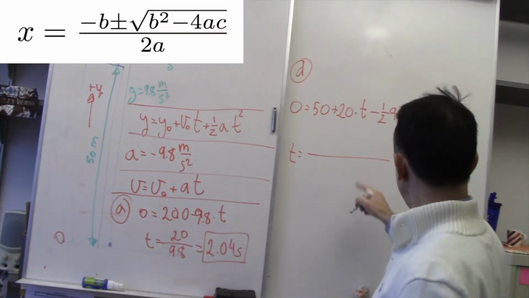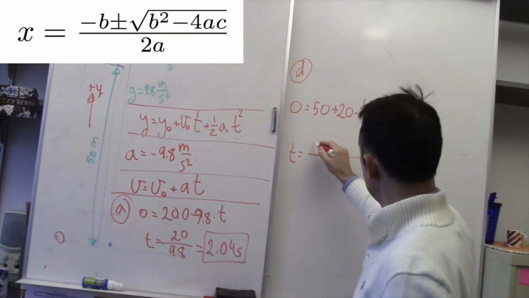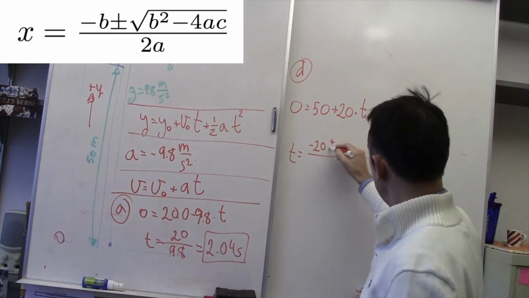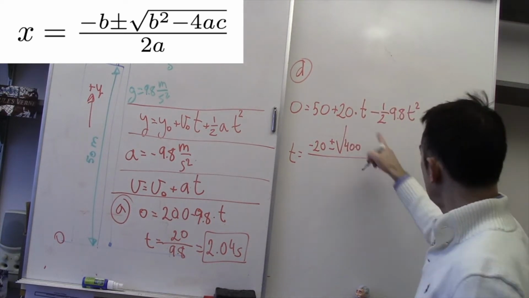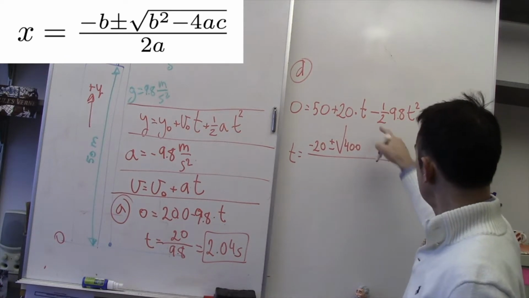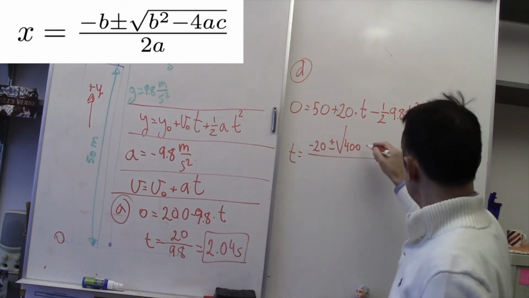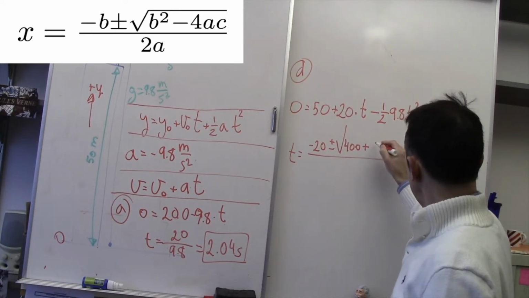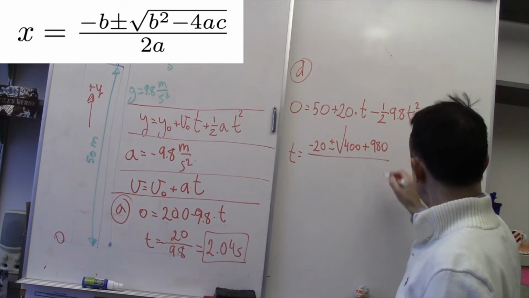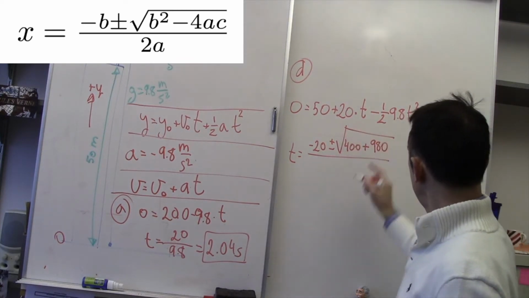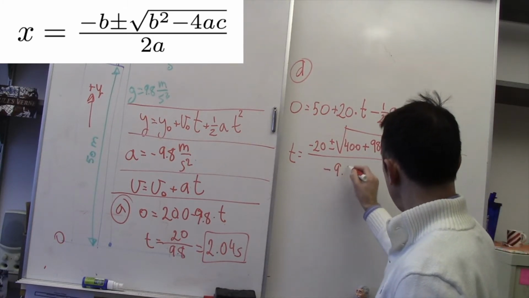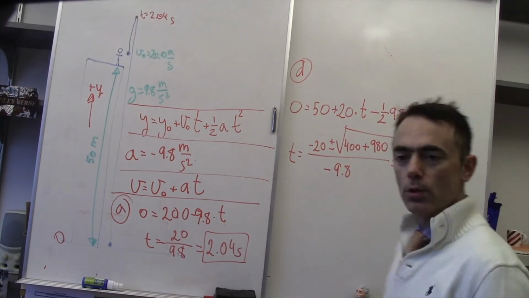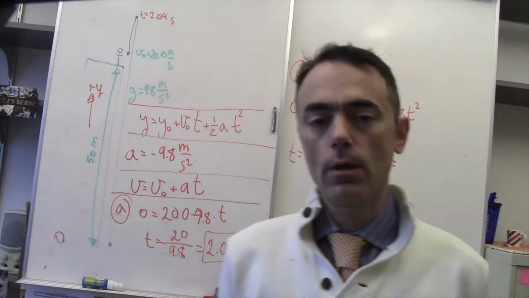This is t equals minus 20 plus or minus the square root of 20 squared minus 4 times this, which is going to be plus 980, divided by 2a, where 2a is going to be minus 9.8. Here I'm going to have two solutions. One is going to be negative.